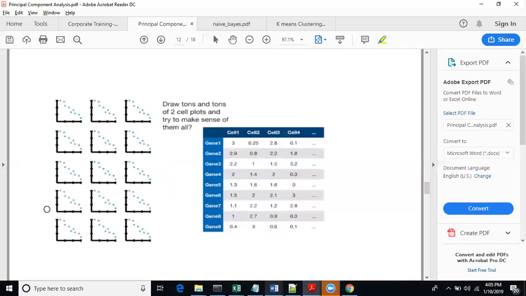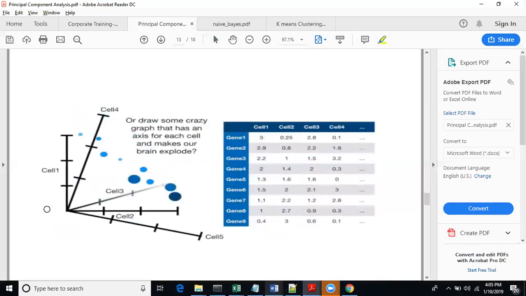As the number of columns increases, the number of combinations for checking the correlation between each and every pair of features also increases exponentially. We cannot put a correlation graph like this, and we cannot plot all the dependencies, what information is there between cell 1 and cell 2, and between cell 2 and cell 3. We cannot put it like this, right?